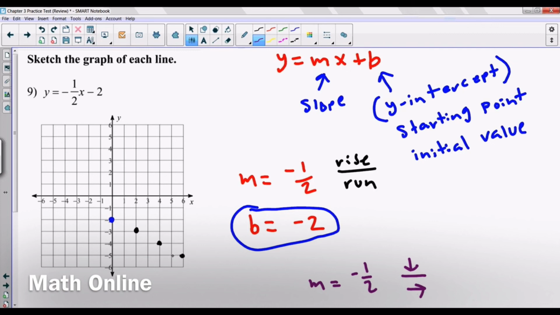We ran out of graph, so we want to go backwards when we go the other way around. So instead of going down, we go up 1 now, over 2 to the left. If we want to go the other way around, we would go up 1 and 2 to the left. As you can see, these points will line up with the other ones, and it'll form a straight line.